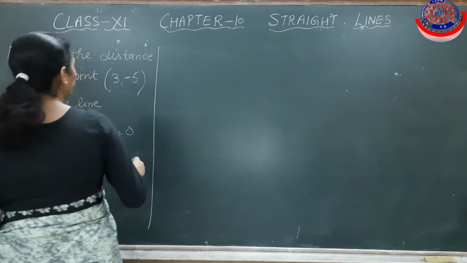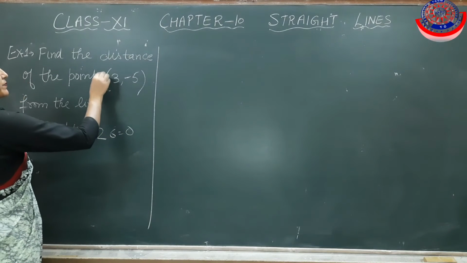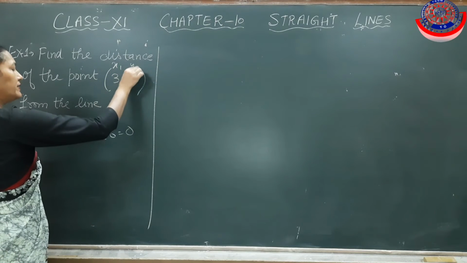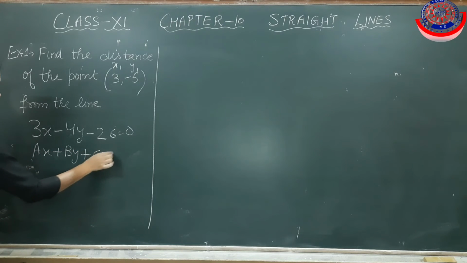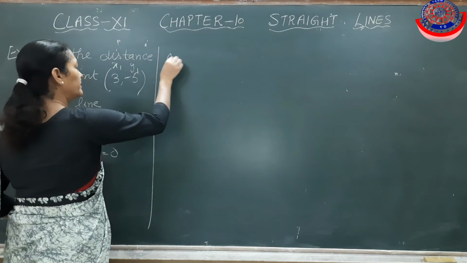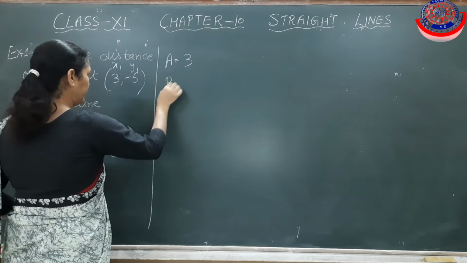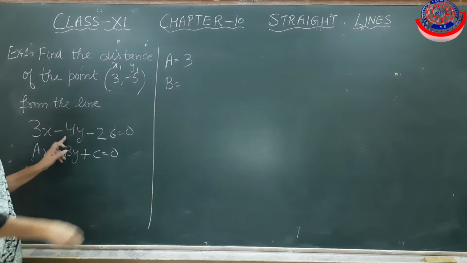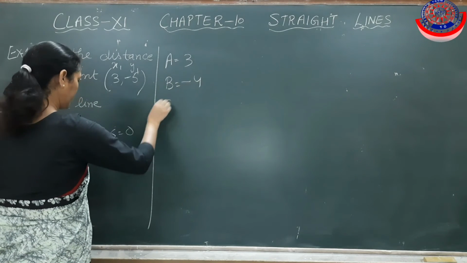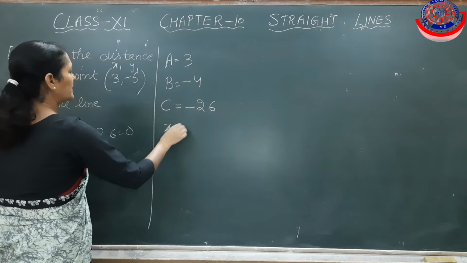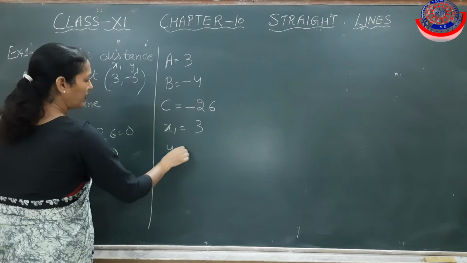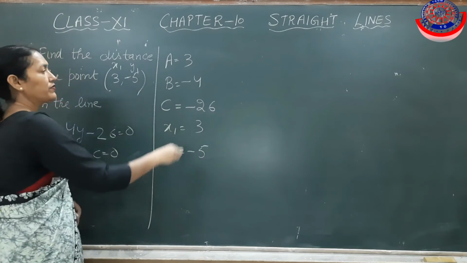Now, if we start comparing, this is point P, so this is x1, y1, and if we compare it with the equation of the line, A is 3, B is -4, C is -26, x1 is 3, y1 is -5.